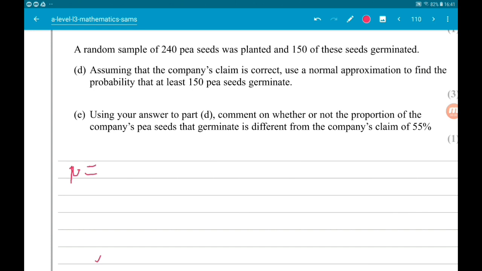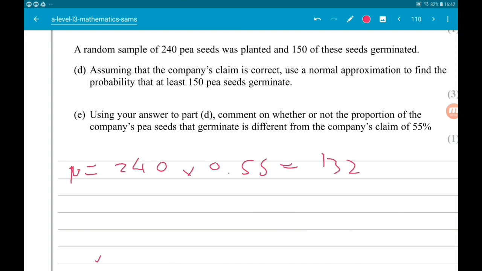That's why it was important to assume that claim is correct. So mu is 240 times 0.55. And that gives us 132.